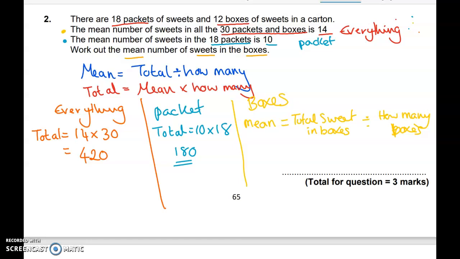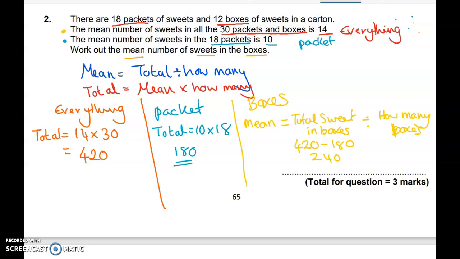Your answer should be, I'm going to take away 180 from 420. Have a go at doing that using your column method or calculator. What do you get? You should get 240 sweets in the boxes.